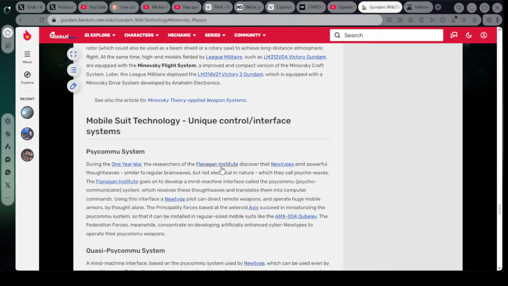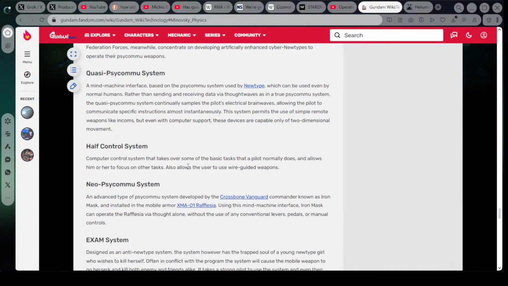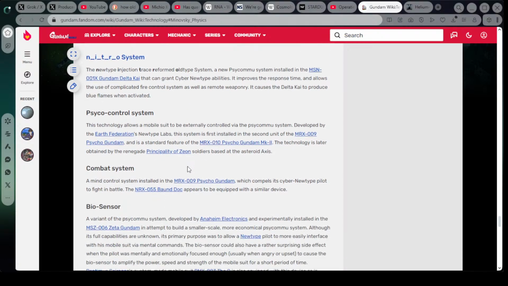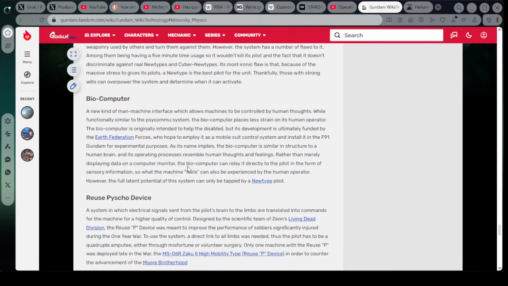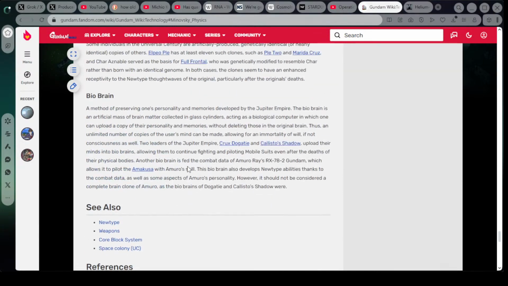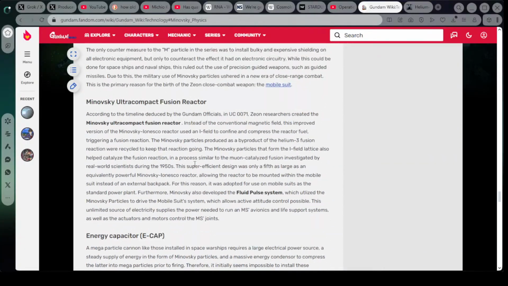So then they talk about new types, right? People that have like psychic abilities, basically. And they do a lot of other stuff too. But yeah, so you can see that this basically is not made up.